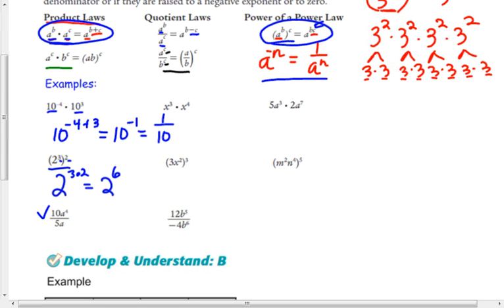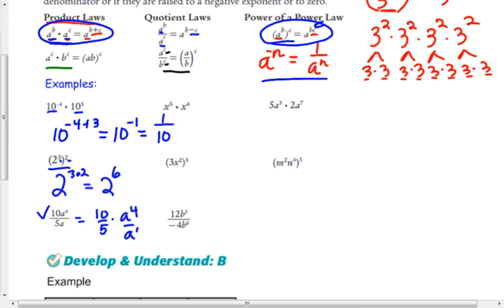In this one, we're dividing, so we're going to use a quotient law here. Now, when you're dividing, you can separate out the fractions this way. So you can do 10 divided by 5 by itself, and then we're going to do a to the 4th divided by a. Now I'm going to write a as a to the 1st because any number is the same as the number to the 1st power.